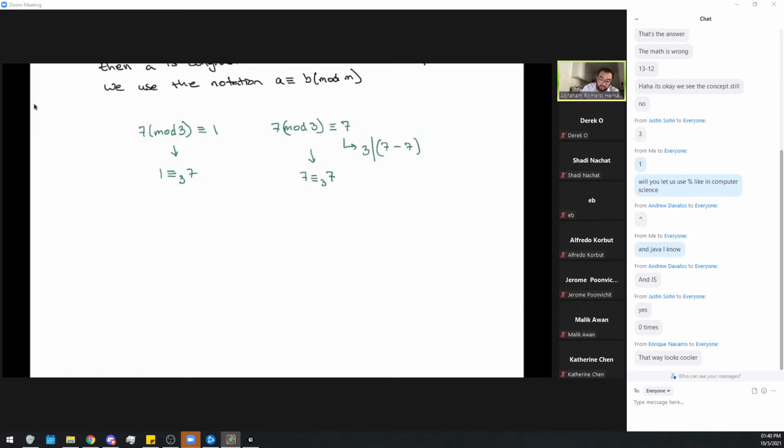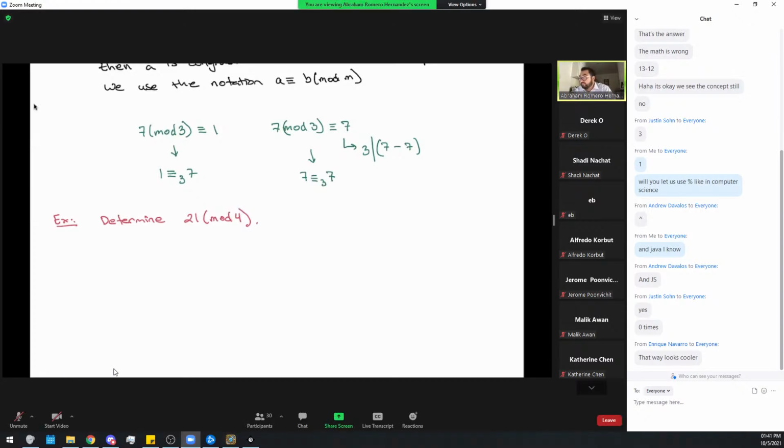Okay, here's an example. Determine, by the definition of modulo, 21 mod 4. So I want you to find that. I'll give you a minute or two.